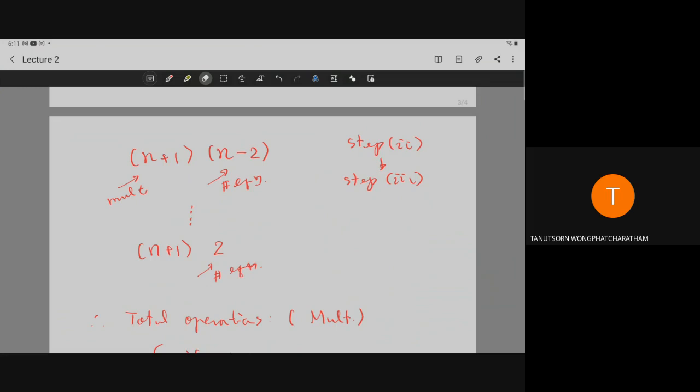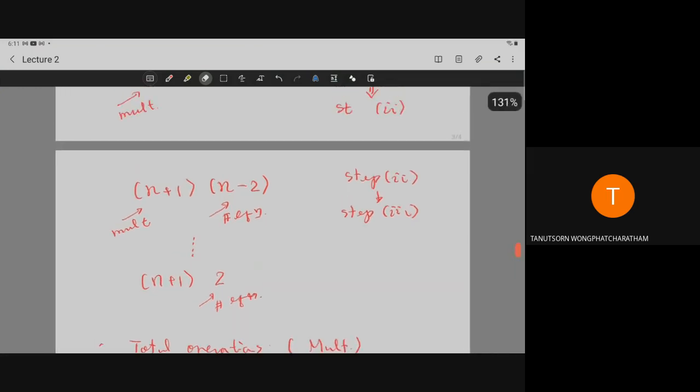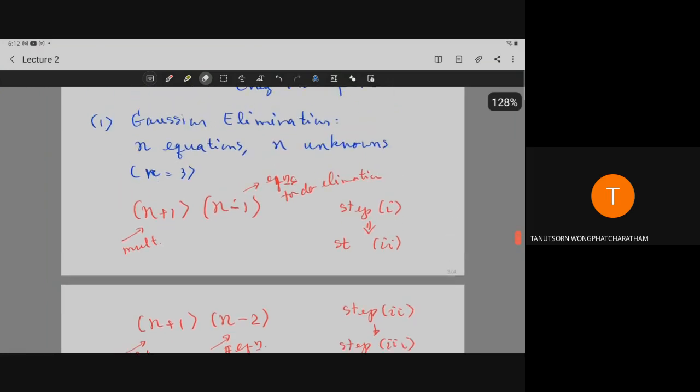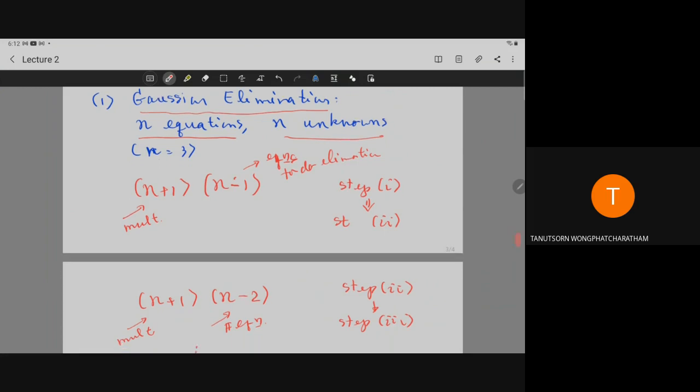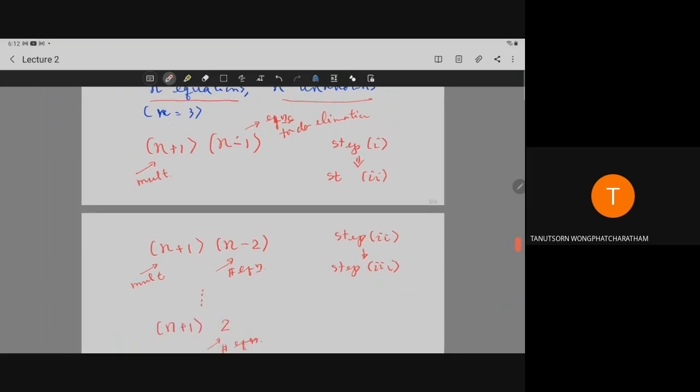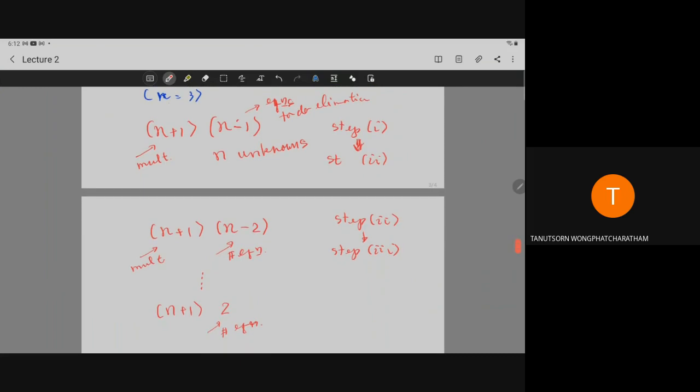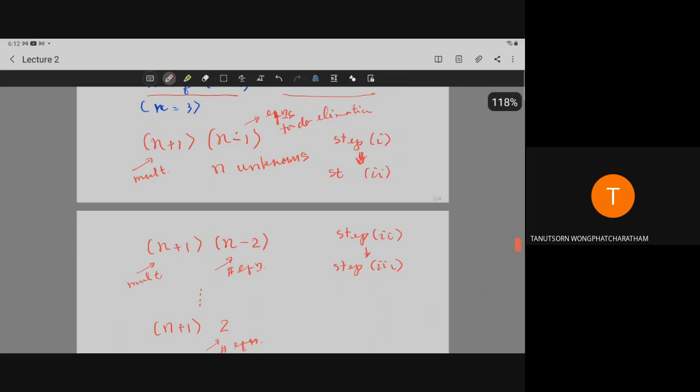Okay, so let us go back to this step. Earlier we were trying to compute the number of operations for the Gaussian elimination step, right here. For n unknowns and n equations, from step 1 to step 2, we have n unknowns and n equations.